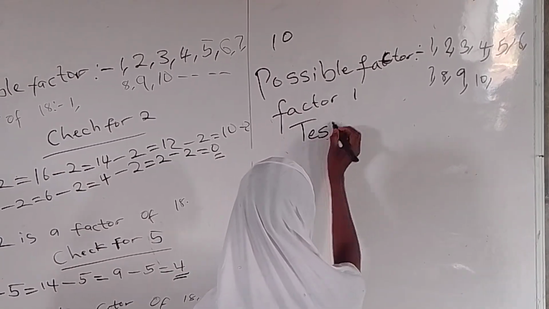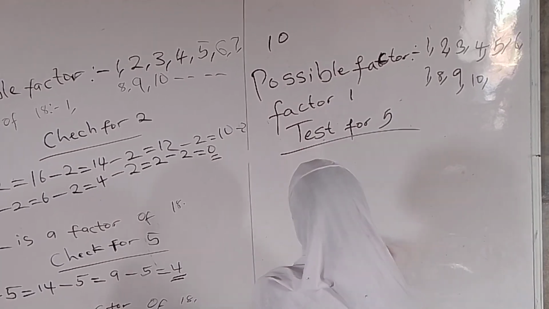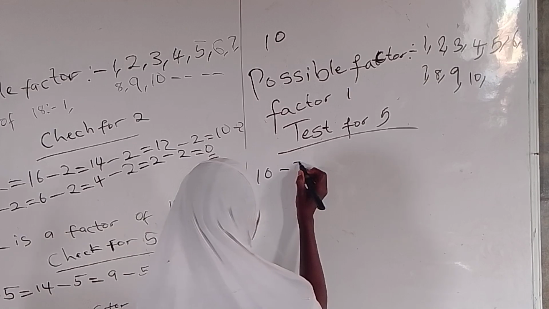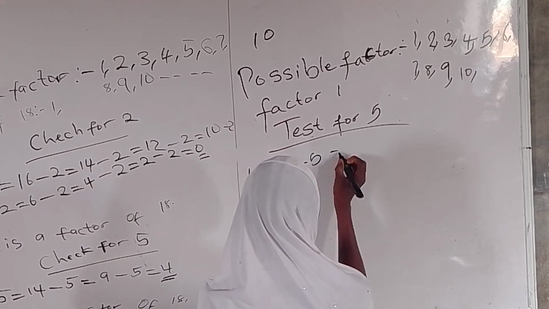Test for 5. 10 minus 5 equal to 5. 5 minus 5 equal to 0.